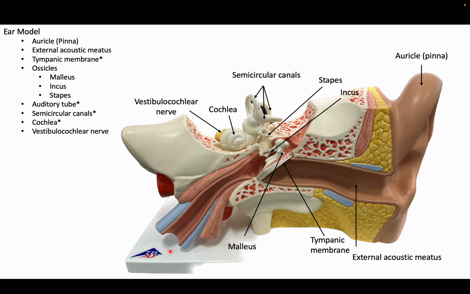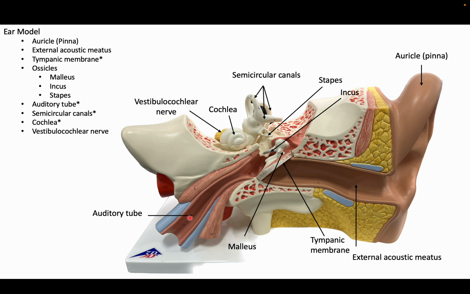And then you also have this tube in the back portion of your ear. This tube right here is called the auditory tube. It doesn't have a role in hearing. It's also known as the Eustachian tube or the pharyngotympanic tube. This is the tube that is going to open up whenever you're swallowing or eating, so that it can balance air pressure between the inner portion of your ear and the outer portion.